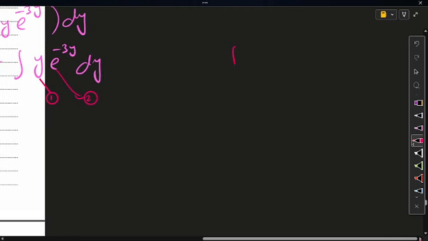Here, I am writing y times e raised to the power minus 3y dy. I choose my first function as y and my second function as e raised to the power minus 3y.